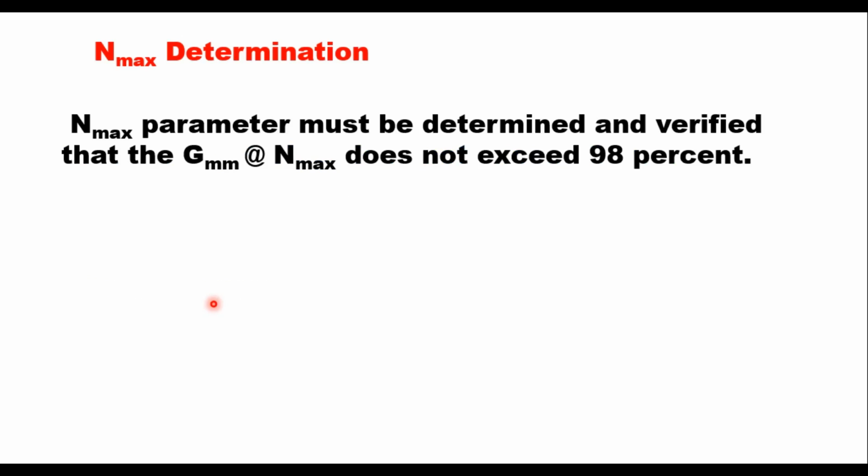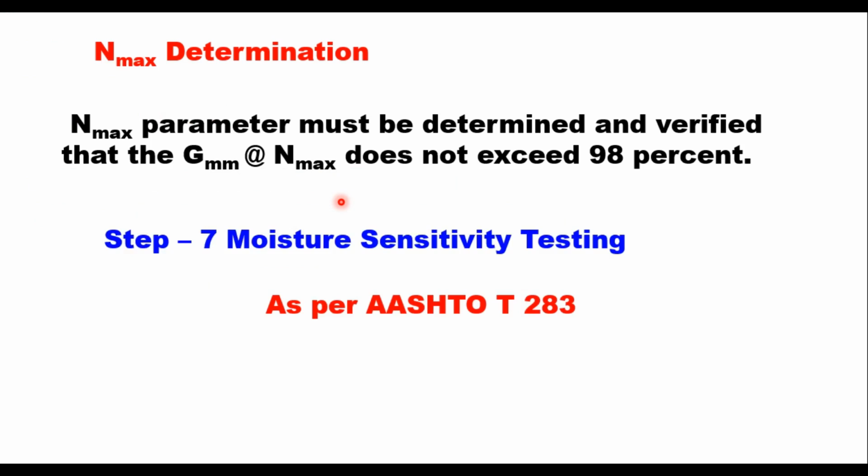In addition to that, N max parameter must be determined and verified that GMM at N max does not exceed 98%. That means the air voids in the mixture at the end of the design life should not be less than 2%. The next step, that is step 7, is moisture sensitivity testing.